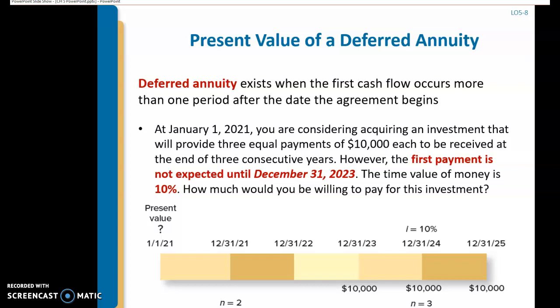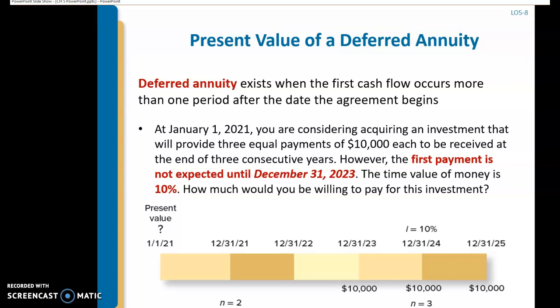Example, at January 1st, 2021, you are considering acquiring an investment that will provide 3 equal payments of $10,000 each, to be received by you at the end of 3 consecutive years. However, the first payment is not expected for another 2 years, until December 31st, 2023.